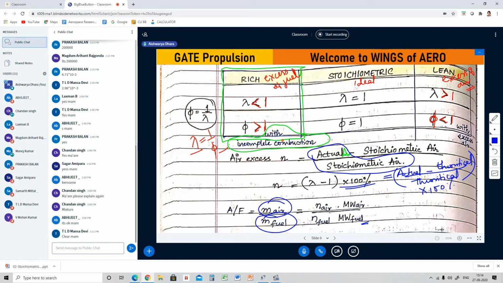If the air is more and the fuel is small, then we can do the conversion. But if the air is not sufficient and you have an excess amount of fuel, then it cannot undertake the combustion process. So excess fuel leads to incomplete combustion.